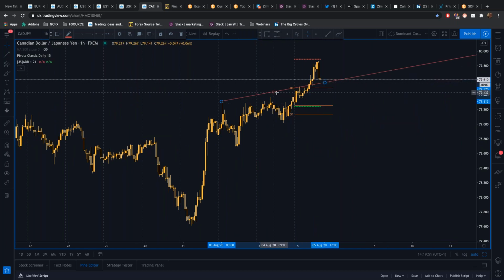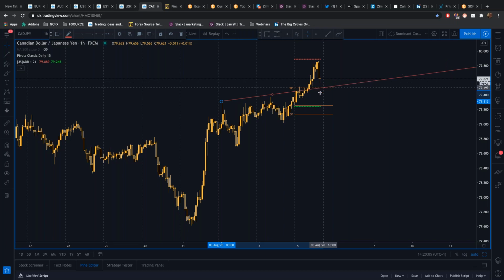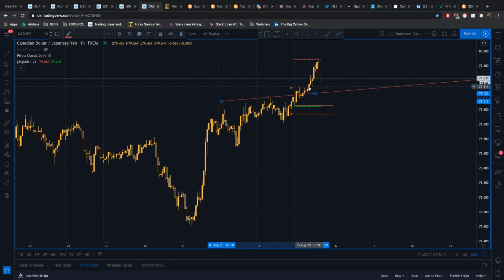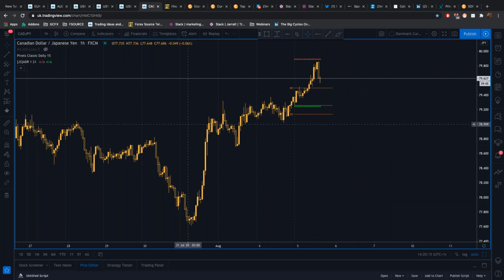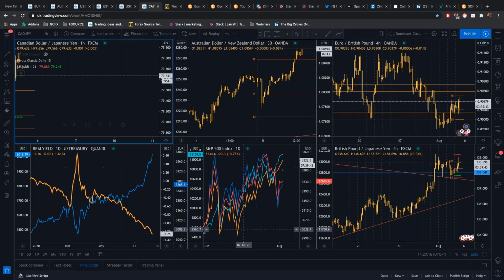You've got a bias on Canadian upside, you've got this little trend line, you just entered on that break of that trend line, just playing up to the ADR high of the day. Even could have taken it lower here, just break of that trend line, and you're just moving higher.